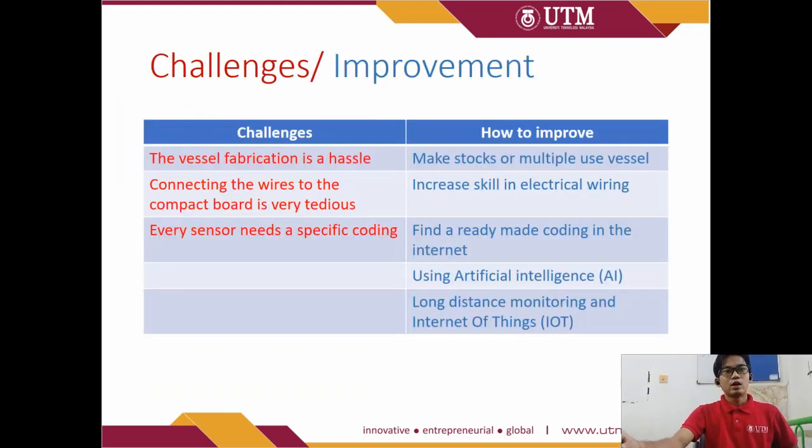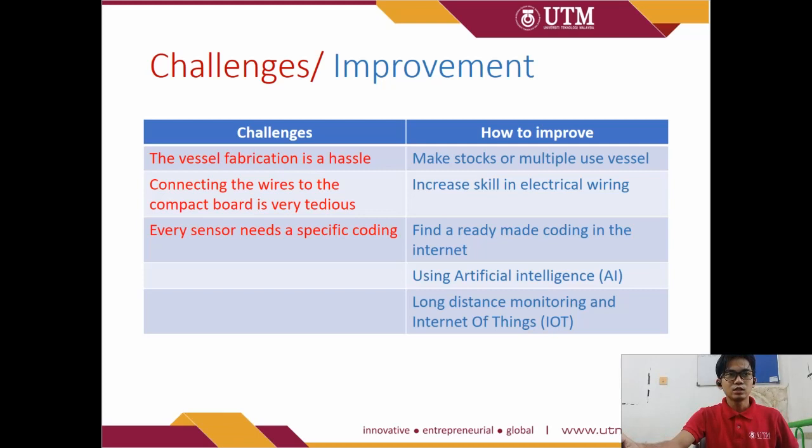Alright, in producing this prototype, there are several challenges worth noting. The first challenge is that the vessel fabrication is a hassle, and how to tackle this is by making stocks or by using multiple use vessel. The second challenge is connecting the wires to the compact board is very tedious. So how we tackle this problem is by increasing our skill in electrical wiring by attending courses or workshops.